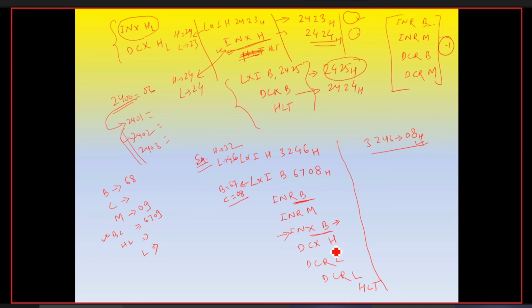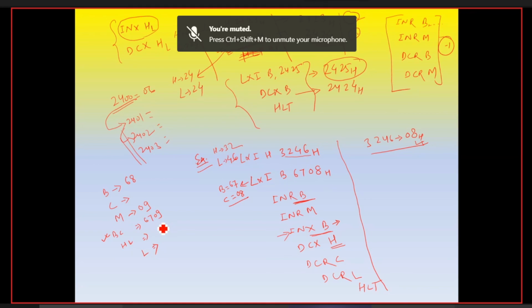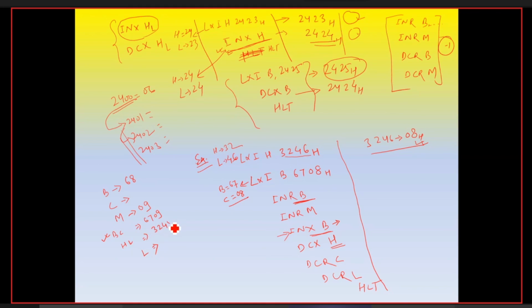Then DCX H: the value is 3246, it becomes 3245, right? DCR C: the value of C is 08 here, so it becomes 07. DCR L: the value of L is 46, it becomes 45.